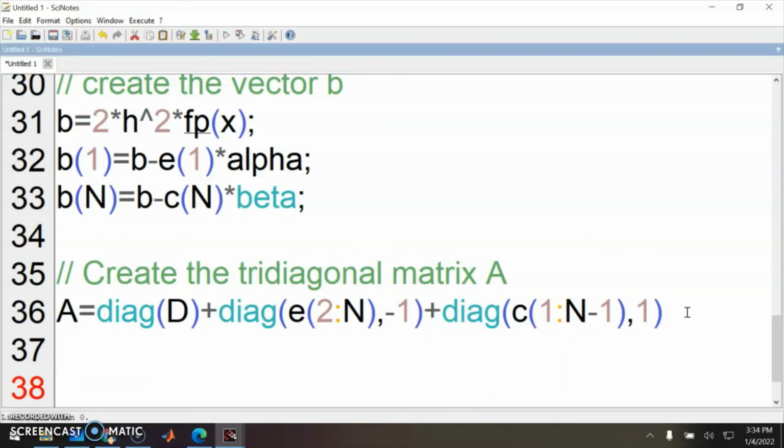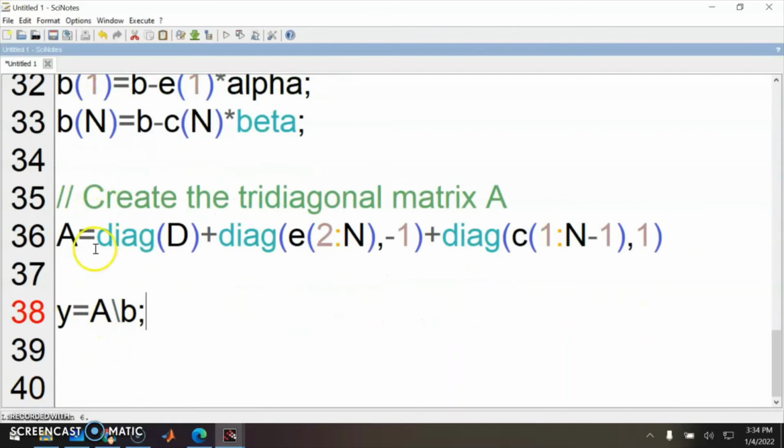Okay, so what I can see here, you want to find the value of the y, right? So y equals inverse A times B, or A backslash B. So we have the vector B, we have the matrix A.